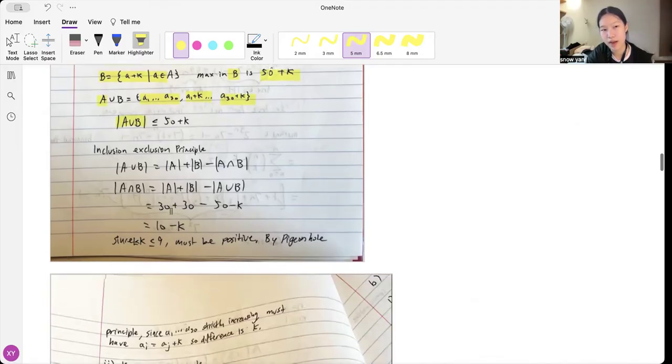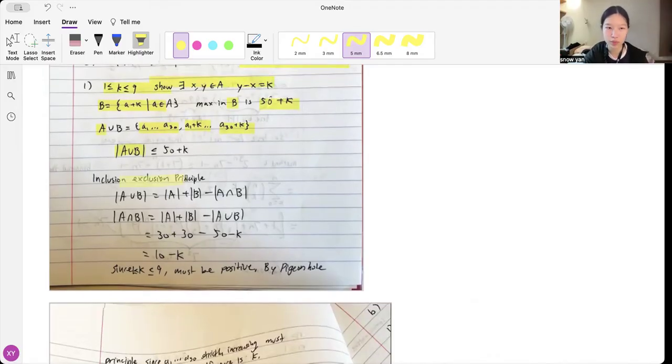But at the same time, I know that through the inclusion-exclusion principle, A union B is A plus B minus A intersect B, right? So then I know that there are 30 elements in A and 30 elements in B. That's the way it's designed. And then A union B would be at most 50 plus k, right?